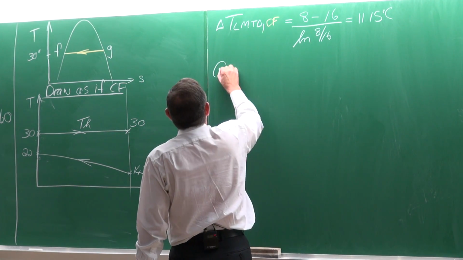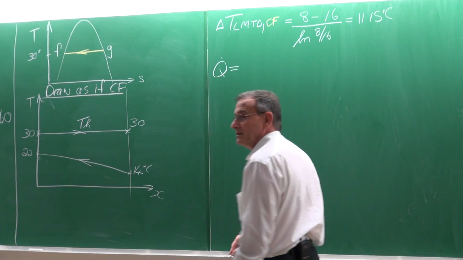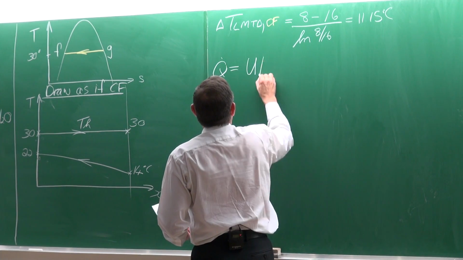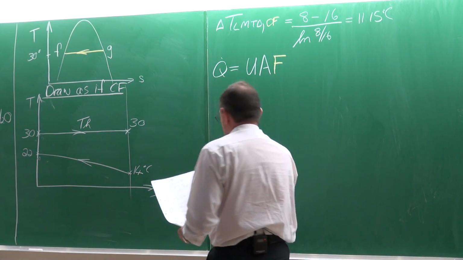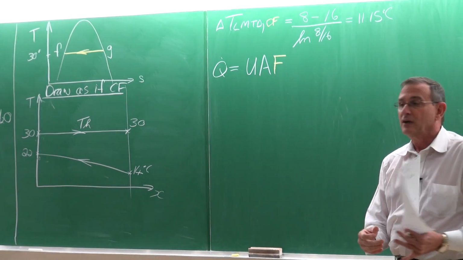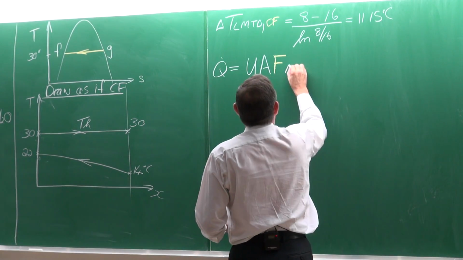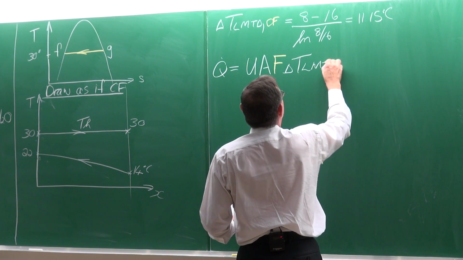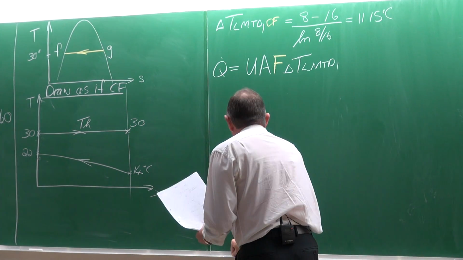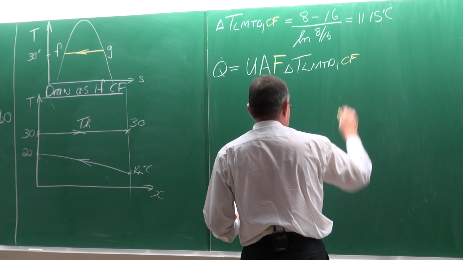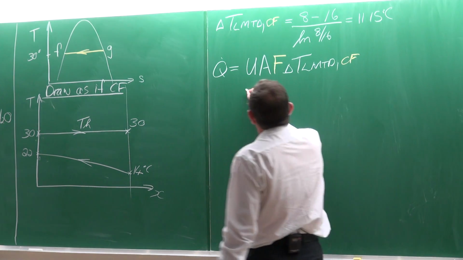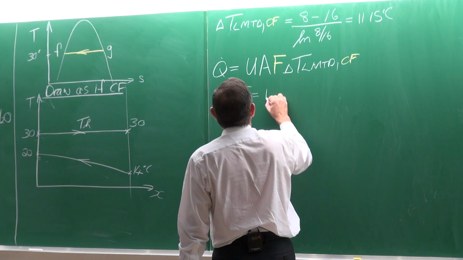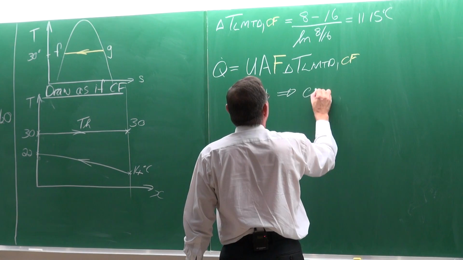Right, now we can go and calculate the heat transfer rate by saying it is equal to UA multiplied by the correction factor, because it is not a counterflow heat exchanger, multiplied by the LMTD as if it is a counterflow heat exchanger. But F should be equal to 1. Why?